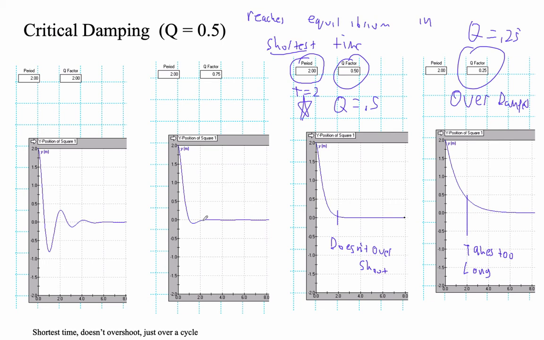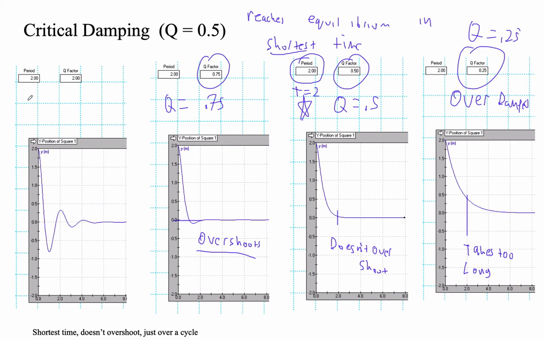You look at that, right? This guy reaches the equilibrium pretty fast, but it overshoots, right? So this is a Q of 0.75, okay? It reaches equilibrium pretty quickly, but it overshoots. So this one overshoots, so therefore it's not critically damped, okay? So if they ask you to draw a critically damped curve, make sure it doesn't overshoot equilibrium. It just, woo. Okay?